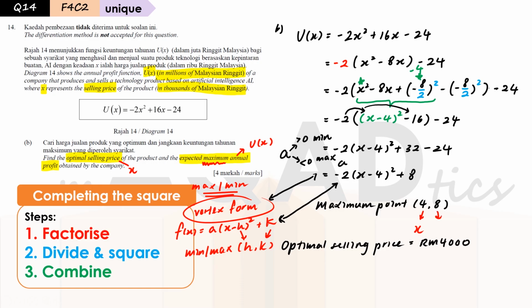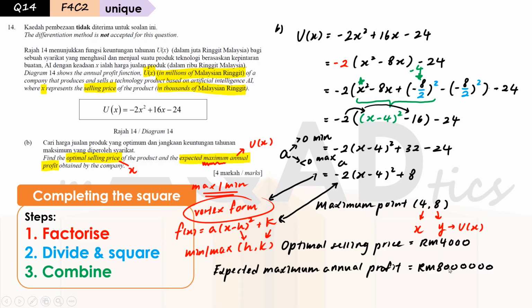And the 8 here is the y coordinate, or in this question, it is u(x). u(x) is in millions of Malaysian ringgit, so the expected maximum annual profit is 8 million. Alright, so please make sure the units are correct, because here the units are different. u(x) is in millions, x is in thousands.